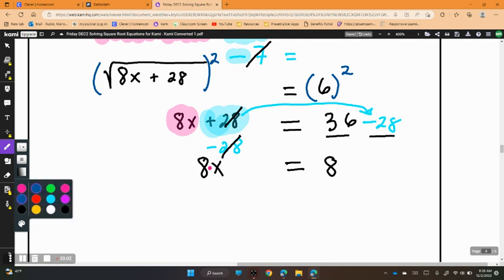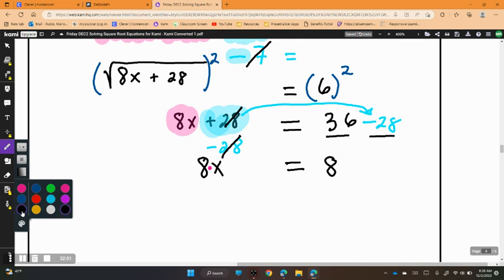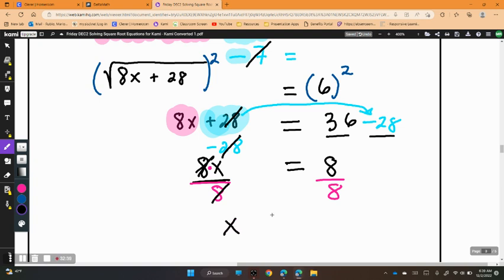So in order to get this 8 to the other side of the equation so that I have x by itself, I'm going to divide both sides by 8. So that these 8s now cancel each other out. I bring down my x, and 8 divided by 8 is 1.